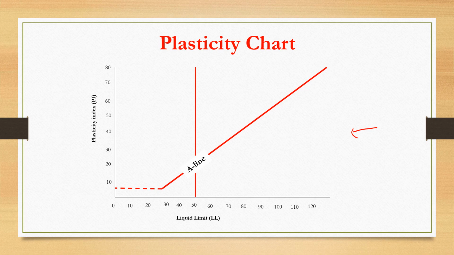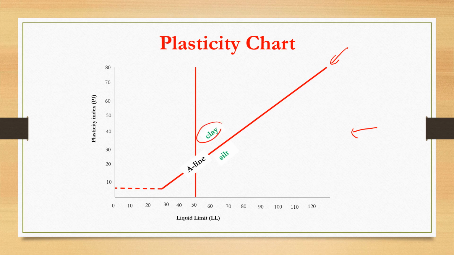The classification of fine-grained soil is achieved by referring to the A line. Any point above the A line is considered clay, while below the A line is silty soil.